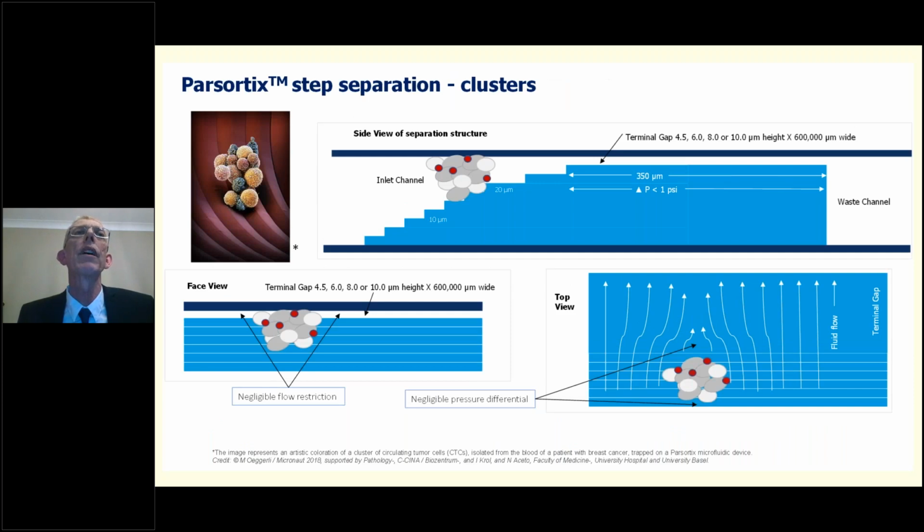And similarly, if we look at clusters, here is our cluster that's being captured in our stepwise Parsortix cassette, but we're still maintaining flow either side of the cluster. So we are maintaining steady pressure. We're not increasing or decreasing pressure behind the cluster or the circulating tumor cell. So we've got a chance of retaining the full structure of the cluster there.